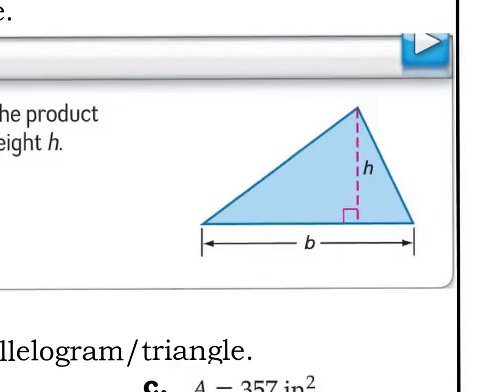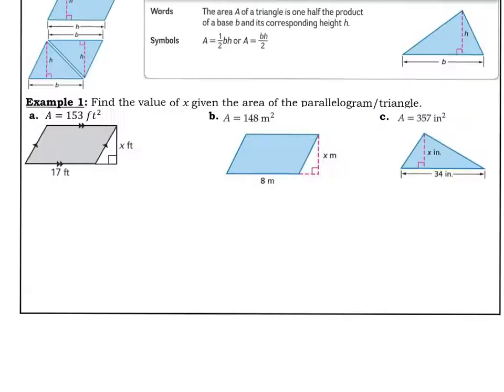The base and the height are always perpendicular to one another. So if it's not a right triangle, look for a dashed line drawn inside or outside of the triangle indicating the height of it. In these three examples, I'm going to give you the area and then you're going to work backwards and figure out the missing side.